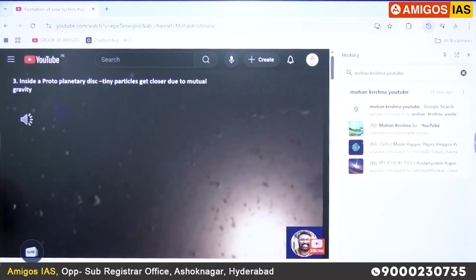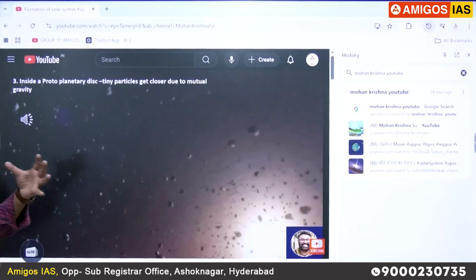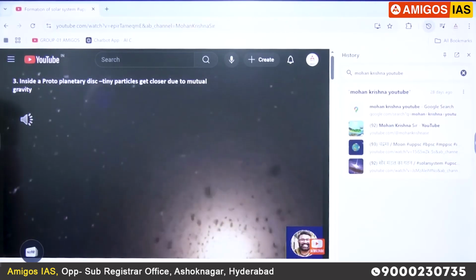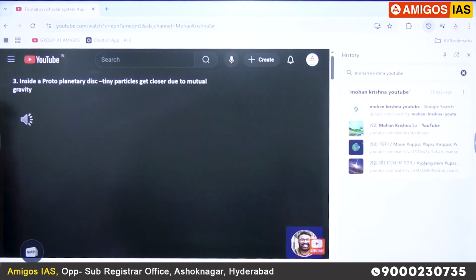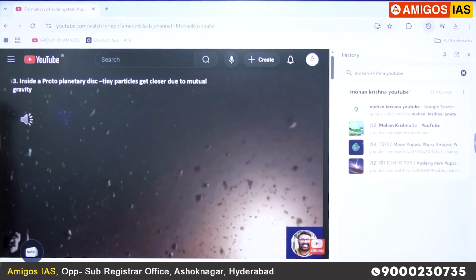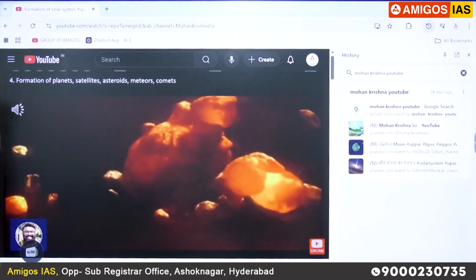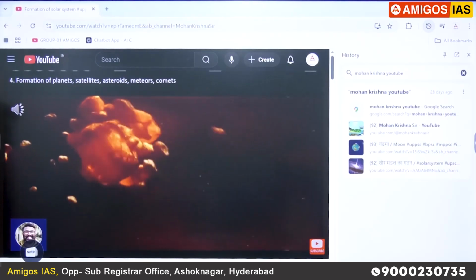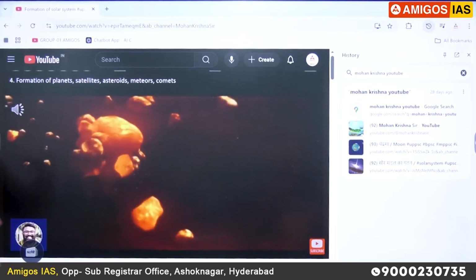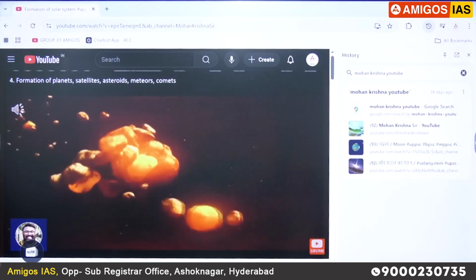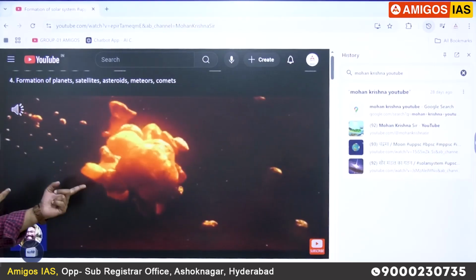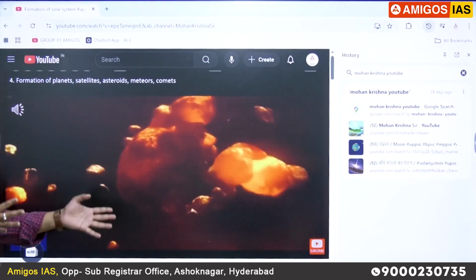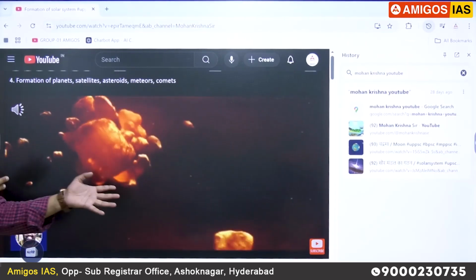So slowly, mutual gravity acts on each other, so they join. Please notice, they are all joining now. These are called clumps of rocks joining due to mutual gravity. This led to the formation of planets, satellites, asteroids and comets.